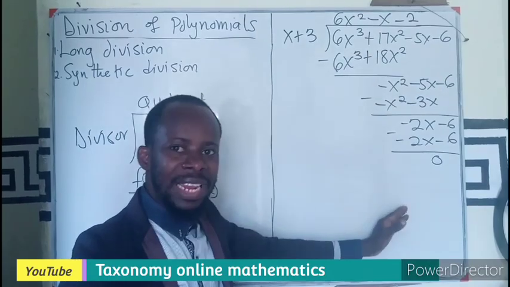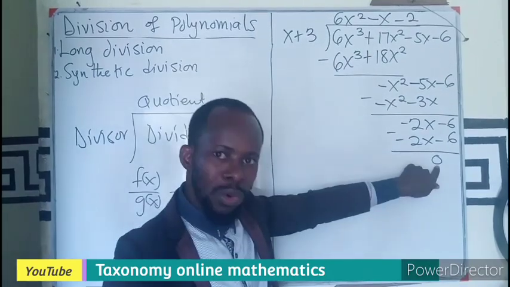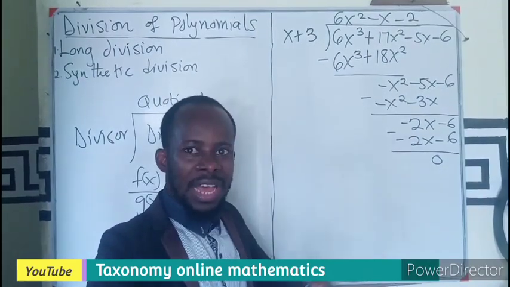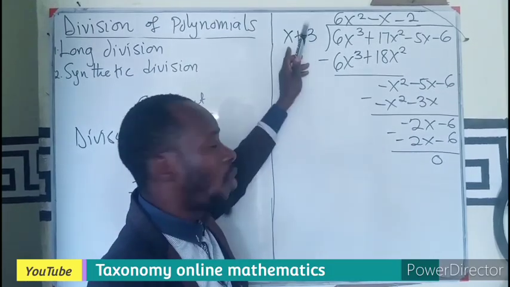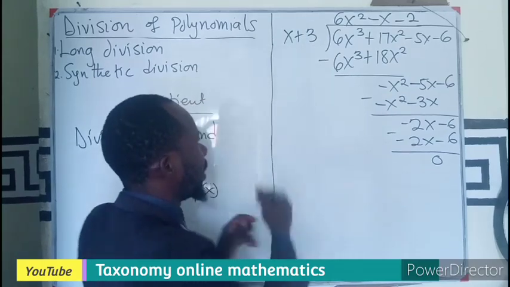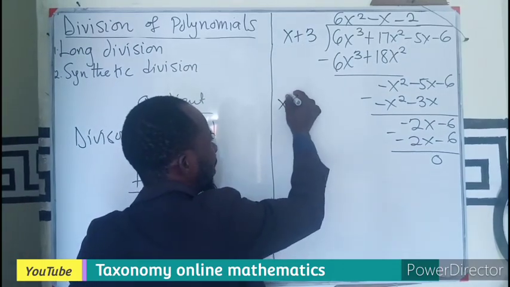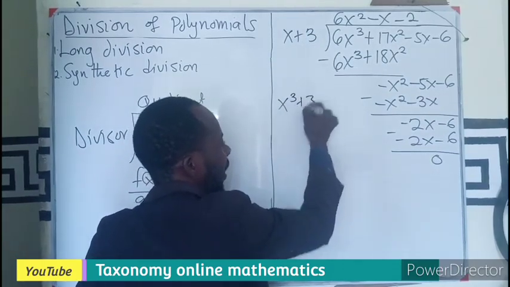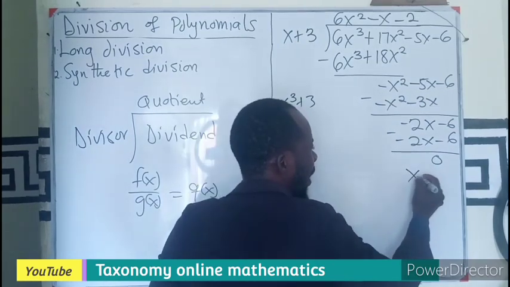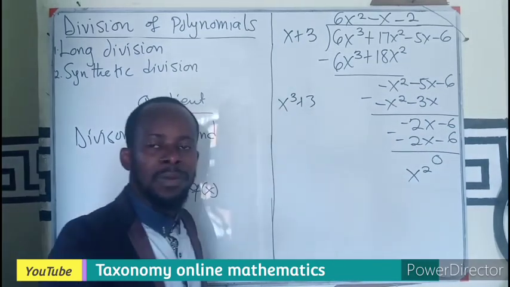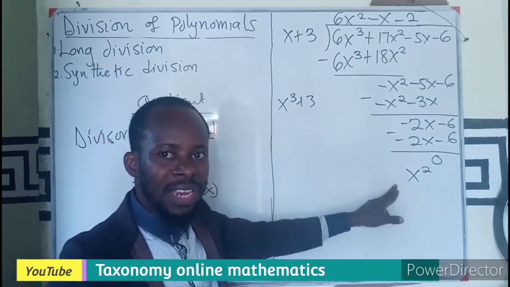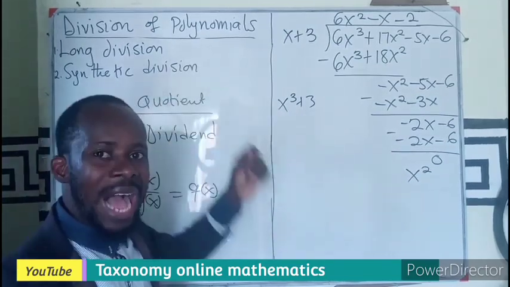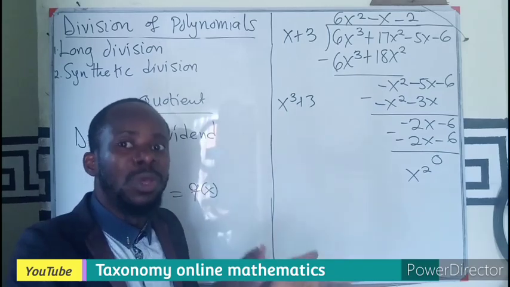You continue dividing until you either get 0 or you get a variable whose degree is smaller than the degree of the divisor. Meaning if this were to be exponent 3 plus 3 and I end up getting x squared, since this is smaller than this, I may not be able to divide, because we said a polynomial has exponents of positive values.